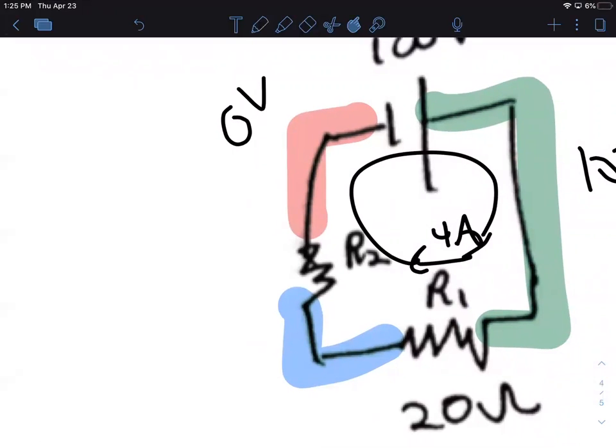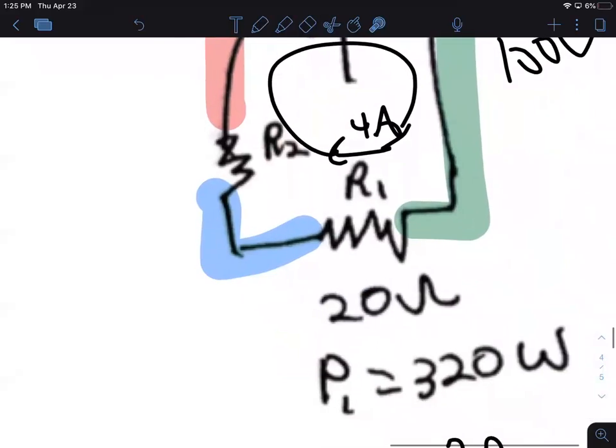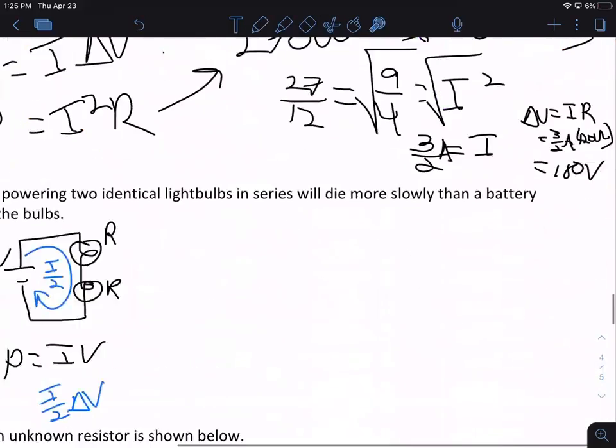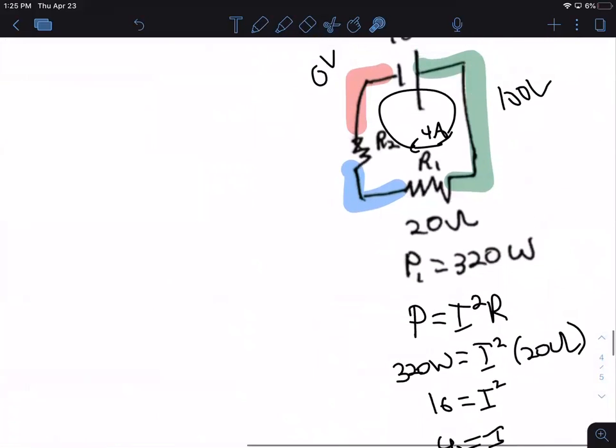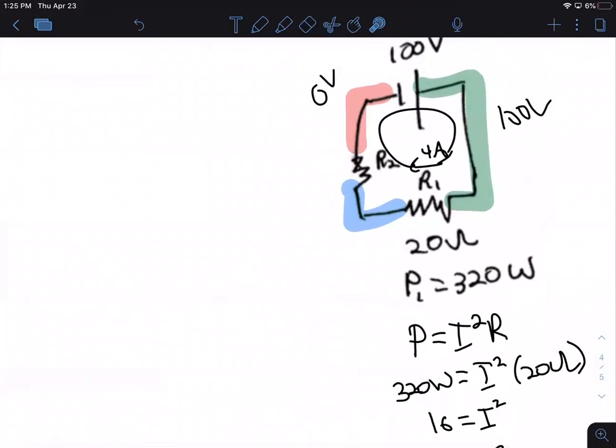I know the current going through it is 4 amps, but to figure out resistance, I need to know at least 2 things. Because I look at my equations, and all my equations involve 3 things, so I need to know 2 to figure out the third. So I need to either know the power from this guy, or I need to know the potential difference in order to find this resistance.